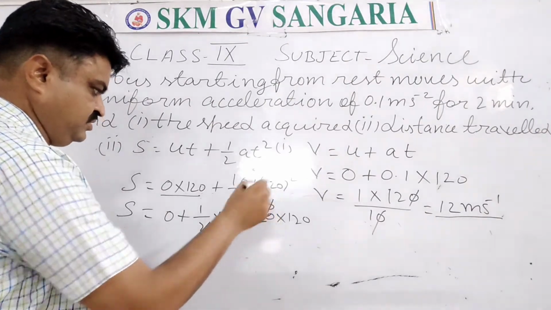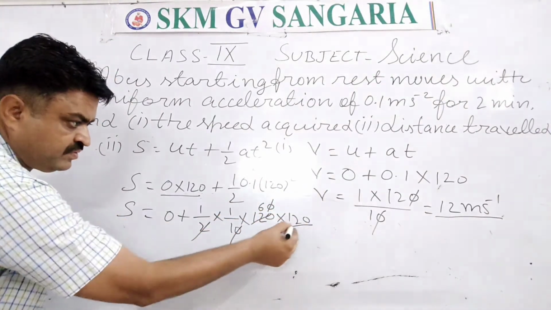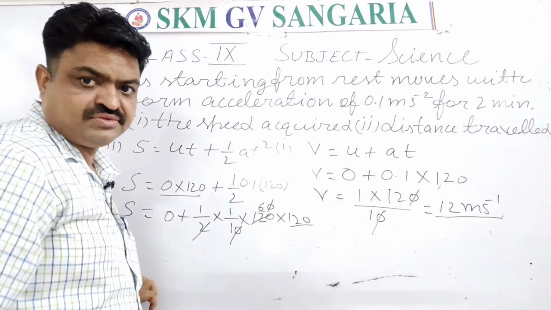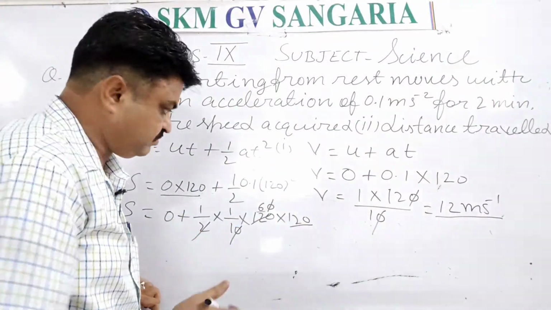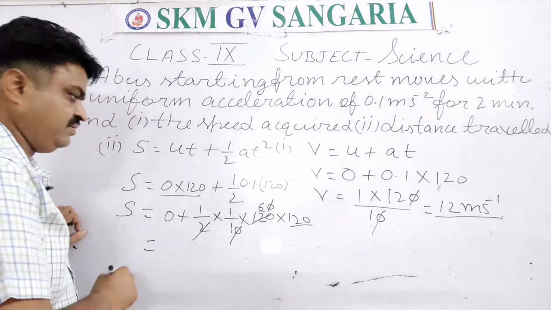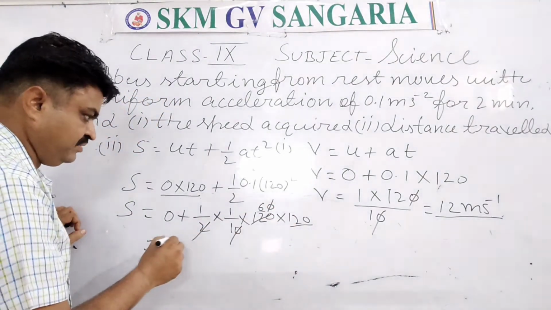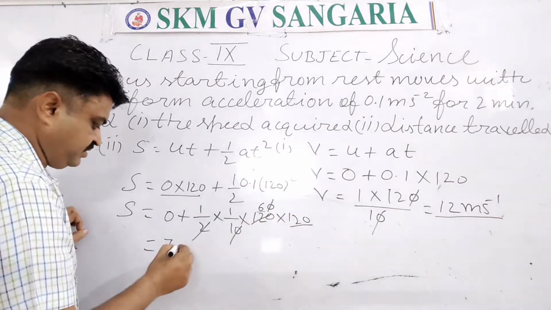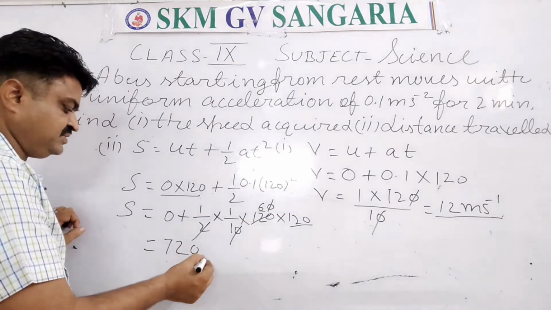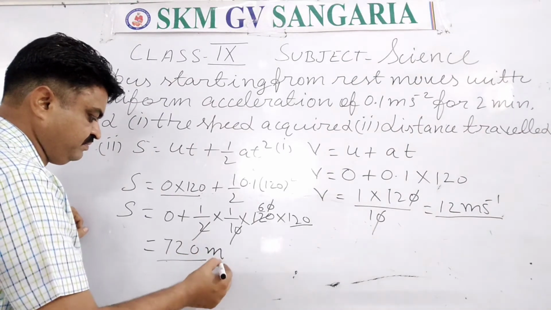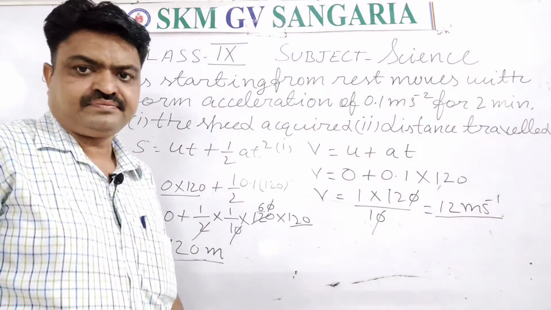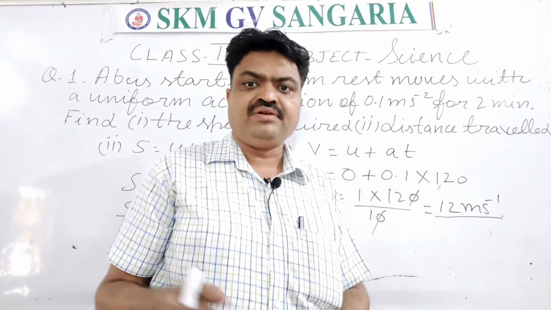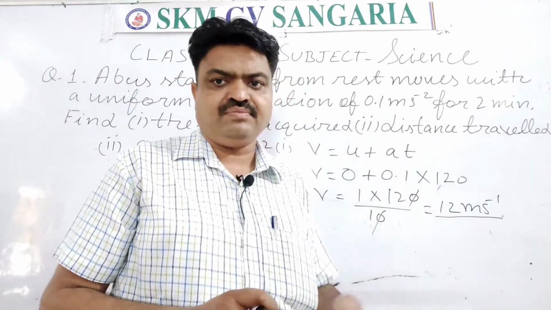From this 0 will be cut, and here we will get 120 into 6. So we will multiply it, and the answer that we will get is 72. So the answer will be 720 meter. This is the answer. So in this way we will try to solve the question related to equation of motion.